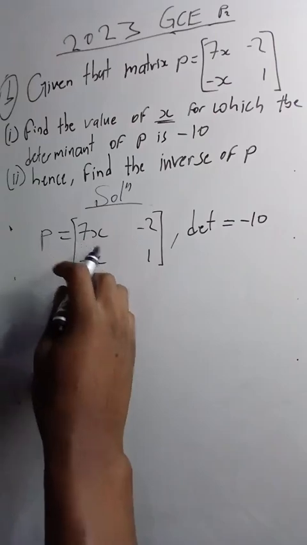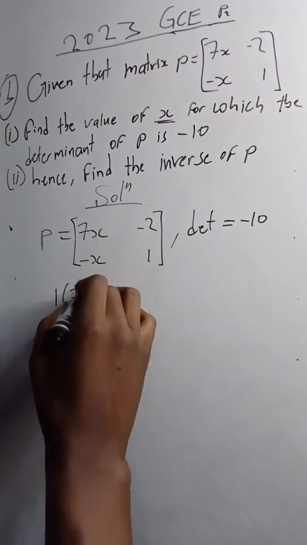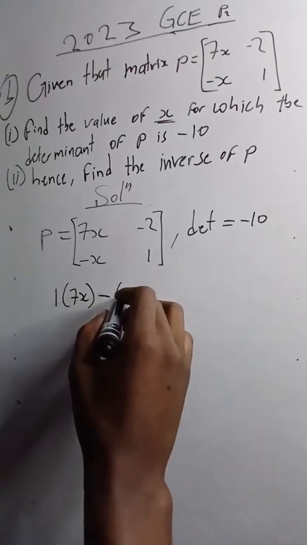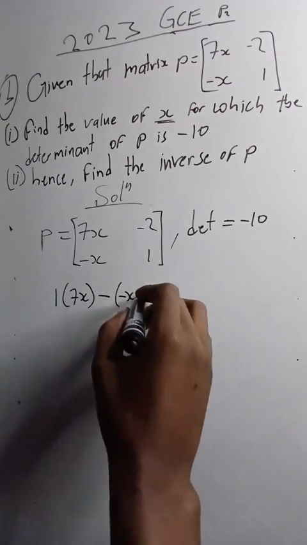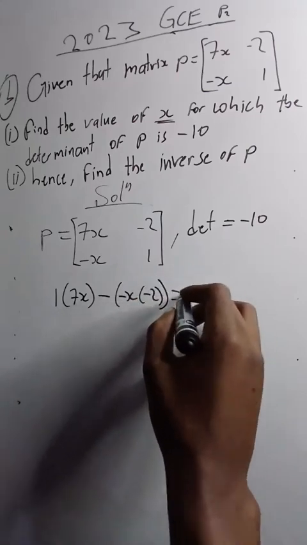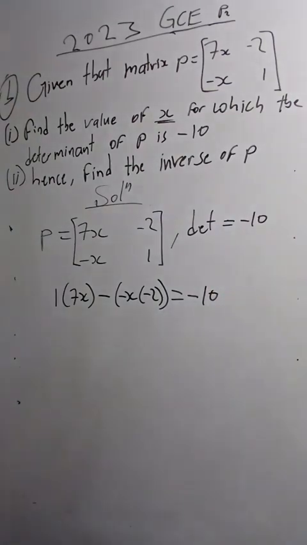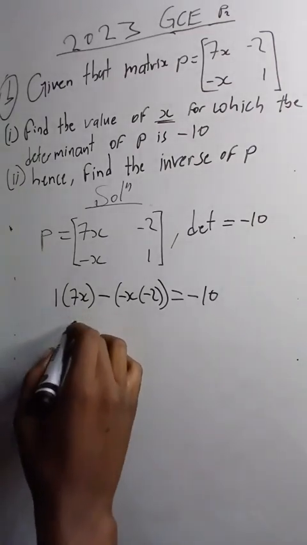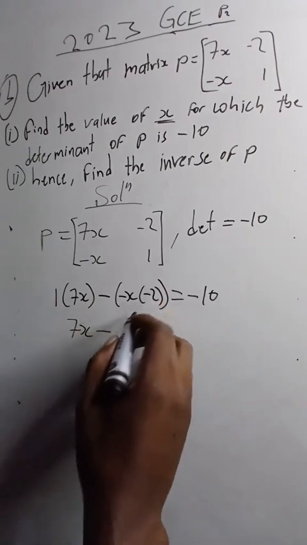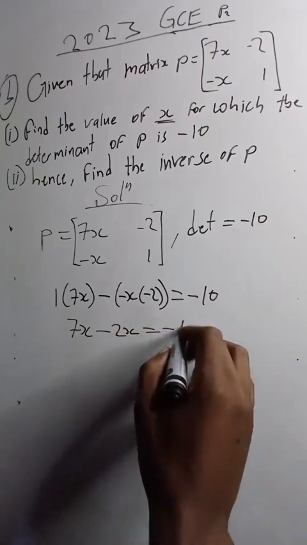So we're going to say 1 times 7x minus, open bracket, negative x times negative 2, is equal to the determinant, which is negative 10. Then 1 times this, we get 7x, minus these, they're going to give us positive 2x, is equal to negative 10.